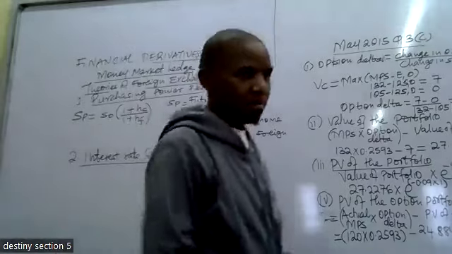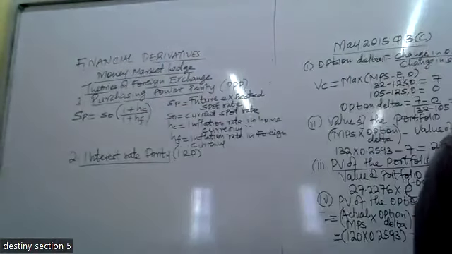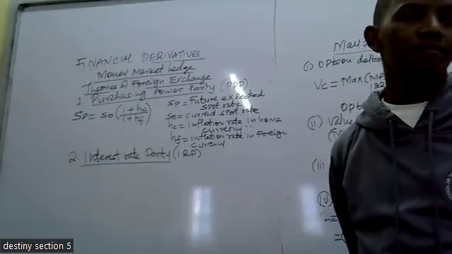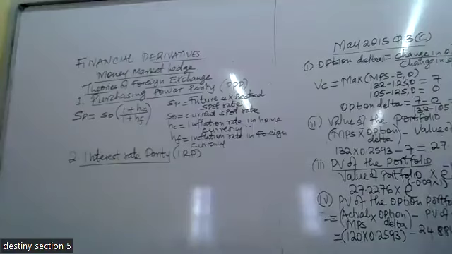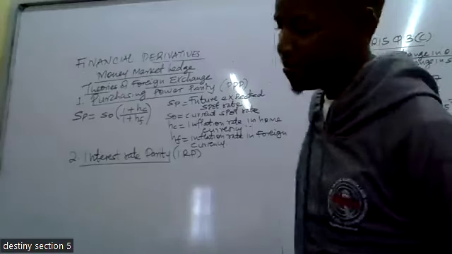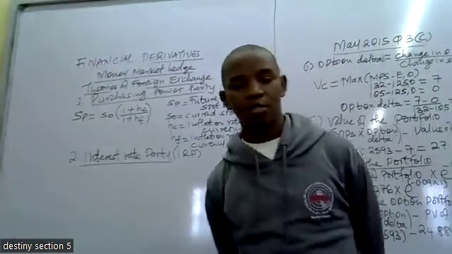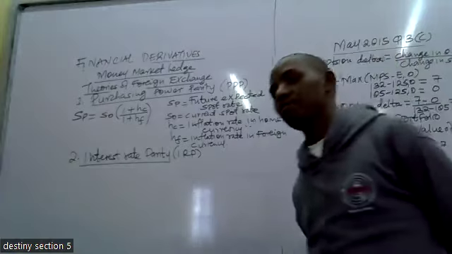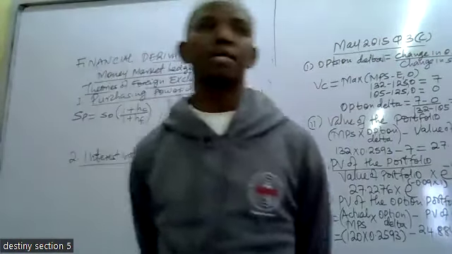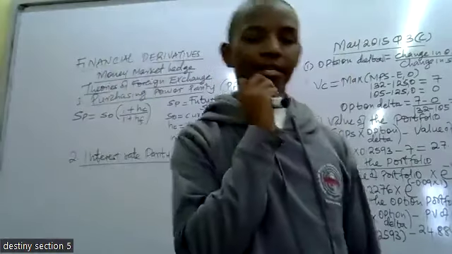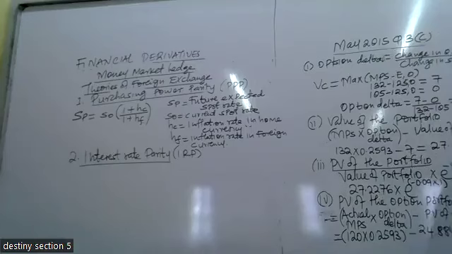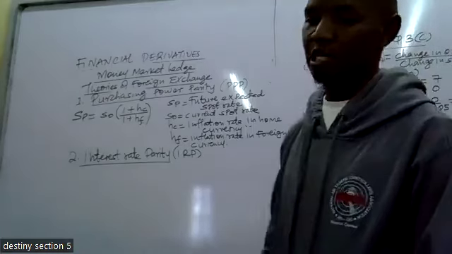Under this theory, the difference between the spot rate and the forward rate reflects the difference in interest rates.